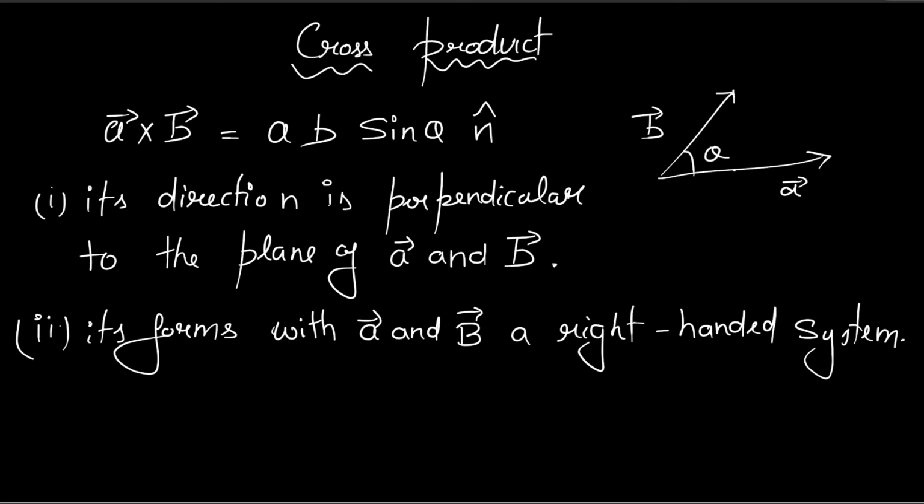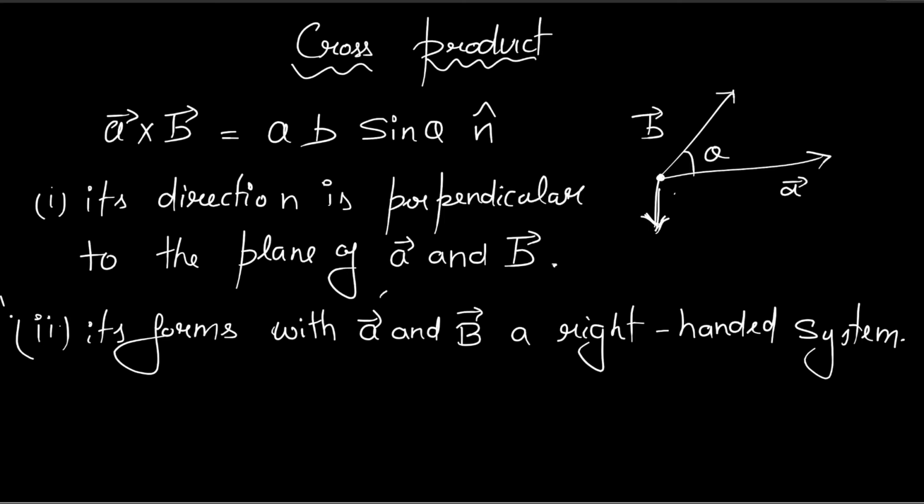If I have taken the A and B vectors in this plane, the n cap vector is the unit vector perpendicular to the plane in which we are taking A and B. We are going to discuss what the correct direction is. The correct direction is outward.